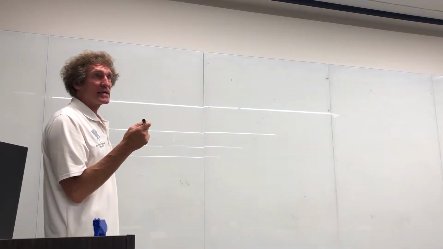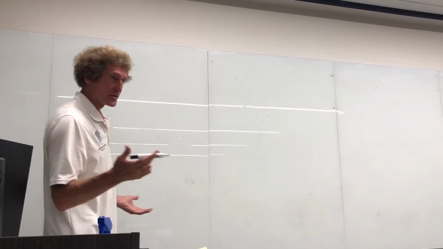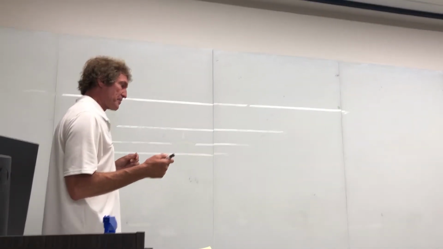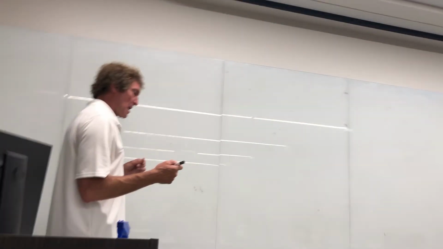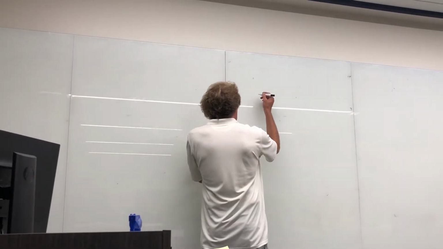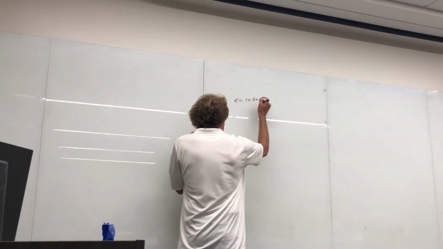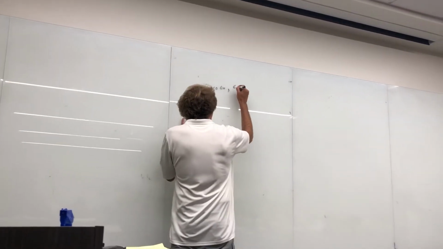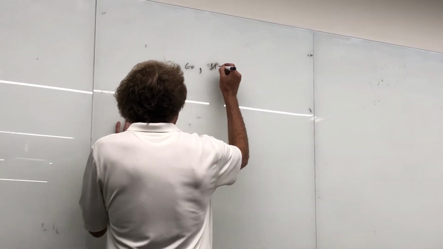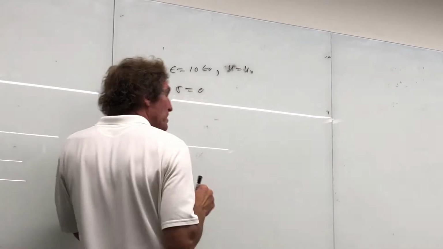Now, the next thing is taking a look at a typical kind of problem that you get. Suppose I had a media in which epsilon equals 10 epsilon naught, mu equals just mu naught, and sigma equals 0.